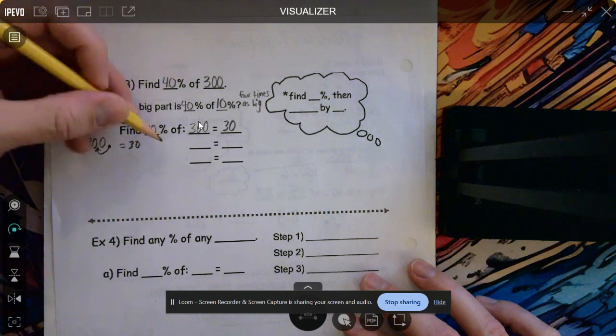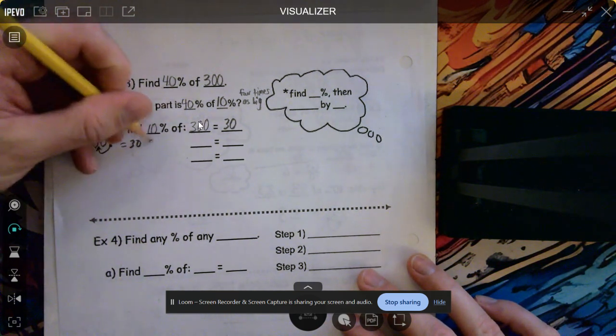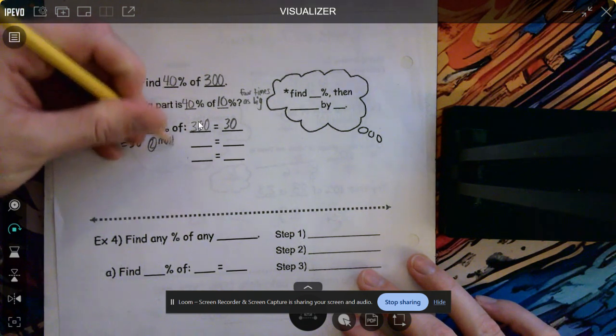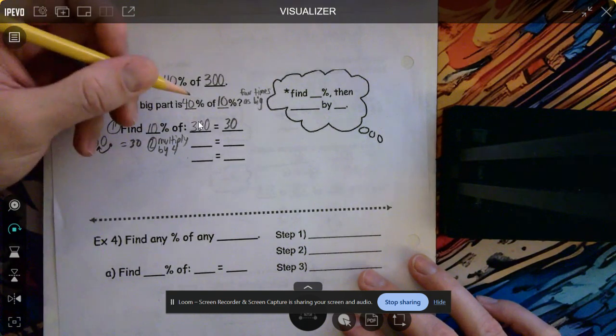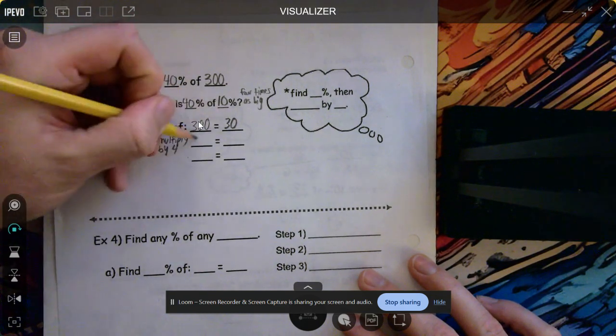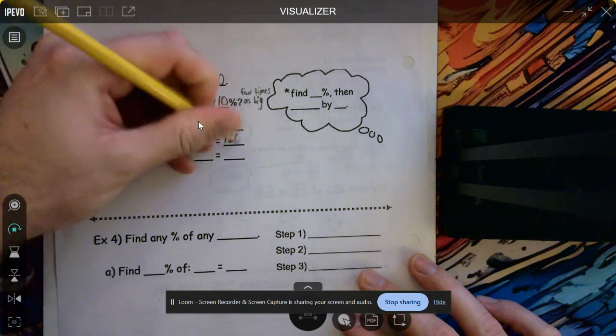Okay. So that's our first step. Our second step is multiply by 4. So 30 times 4 is 120.